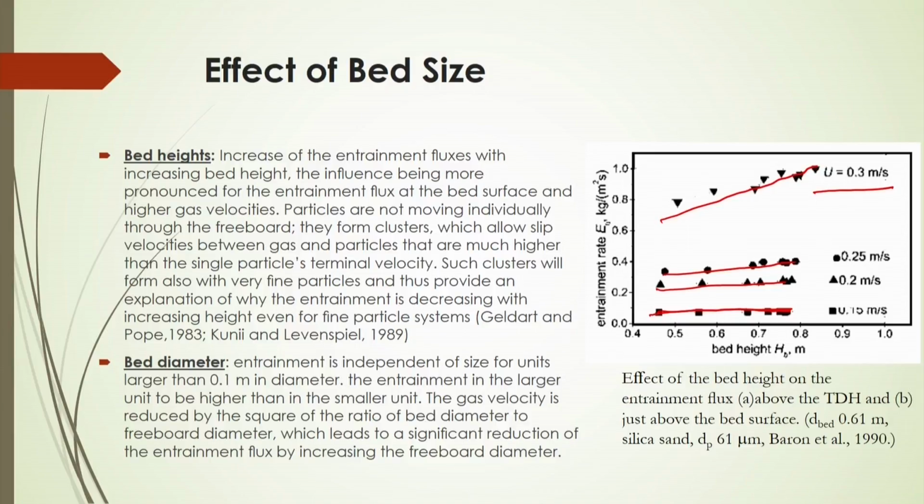This has been reported by Baron et al., 1990, from their experimental data. Above the TDS and just above the bed surface, they did the experiment and got these experimental results for the entrainment with bed height.